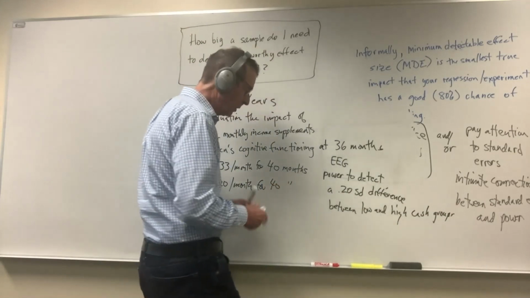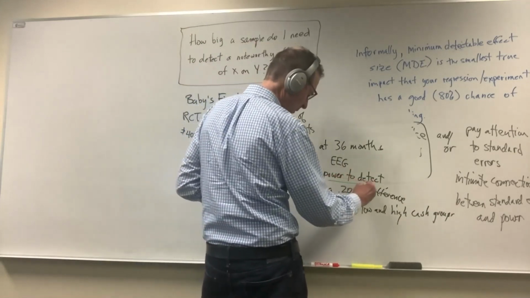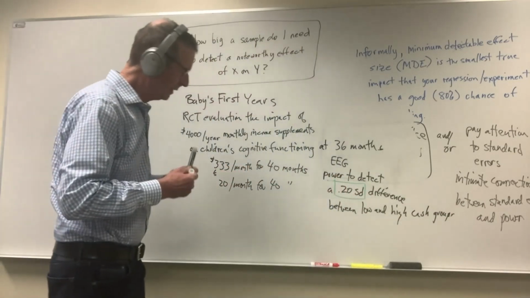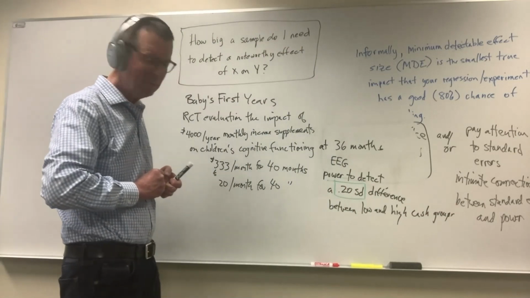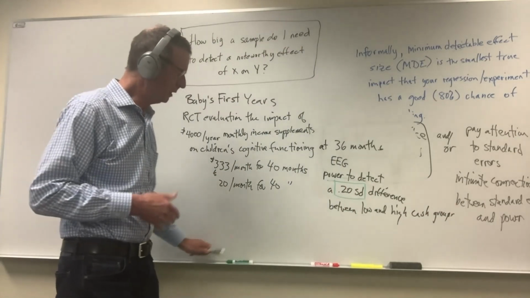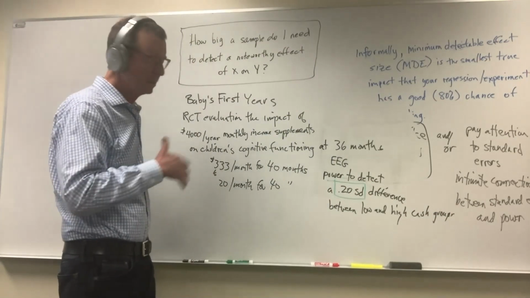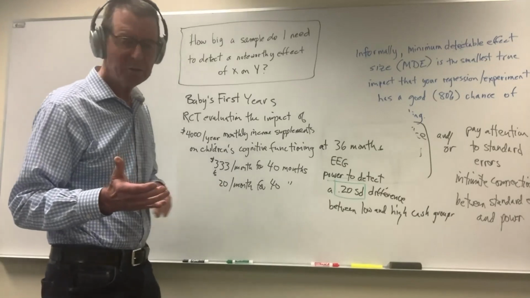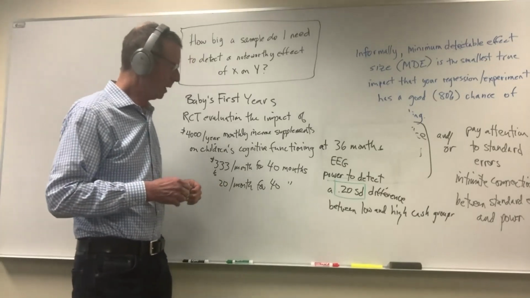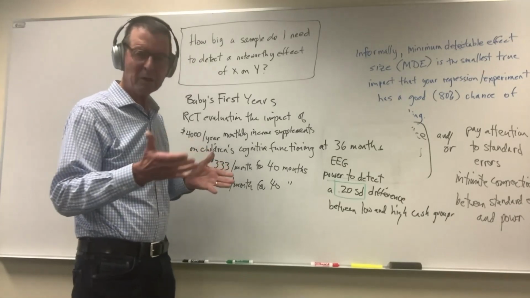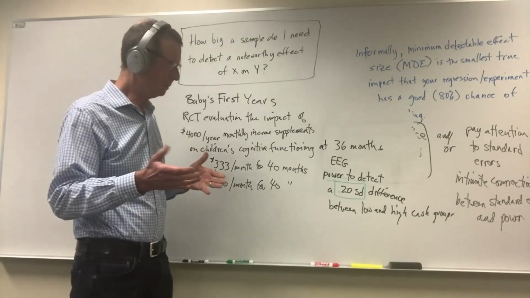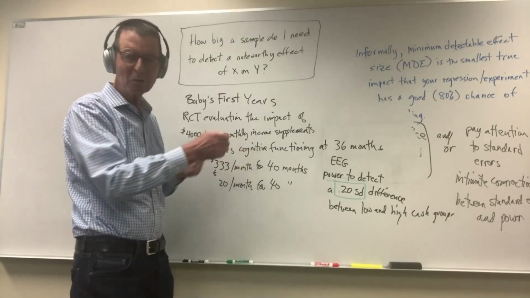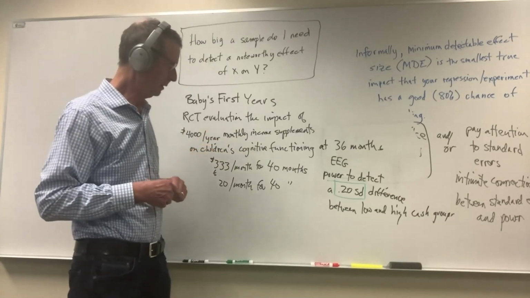We say 0.20 because if you look at the literature, none of which really focuses on infants, but on young kids, and it's mostly quasi-experimental literature, so when the earned income tax credit became more generous in the 1990s, how much, and it turns out to be an achievement difference for young kids between kids who were in families that received relatively higher payments versus relatively lower payments from the earned income tax credit.